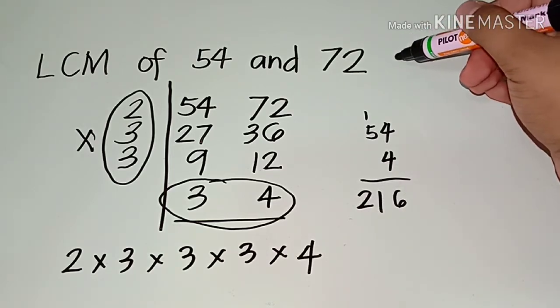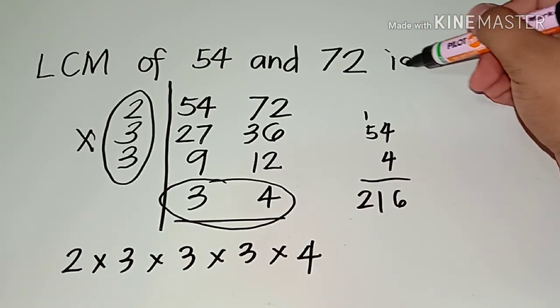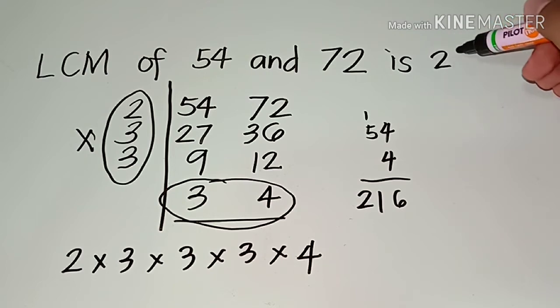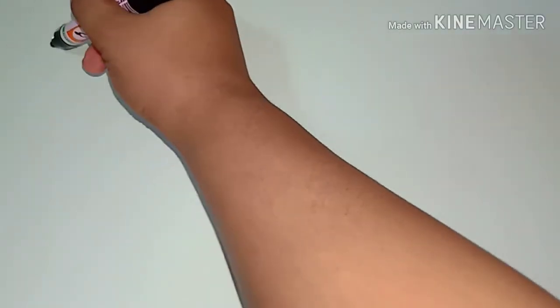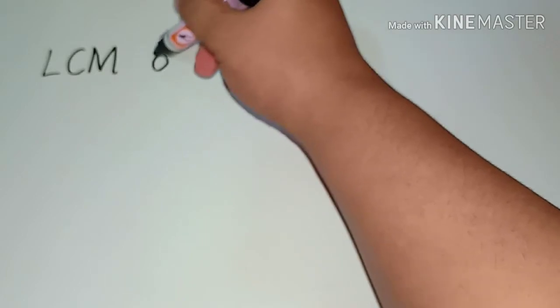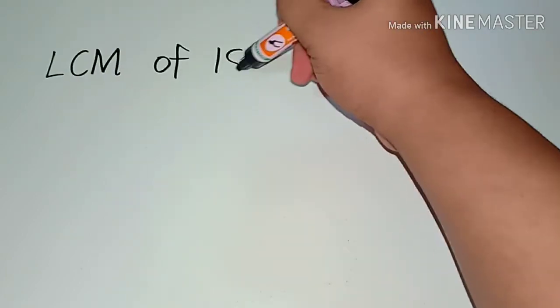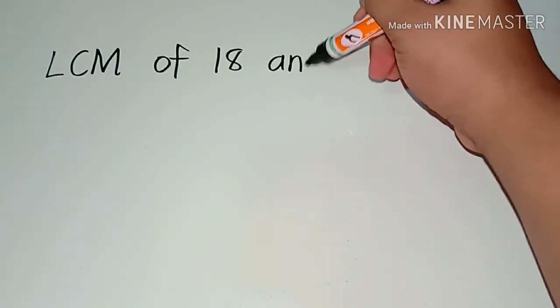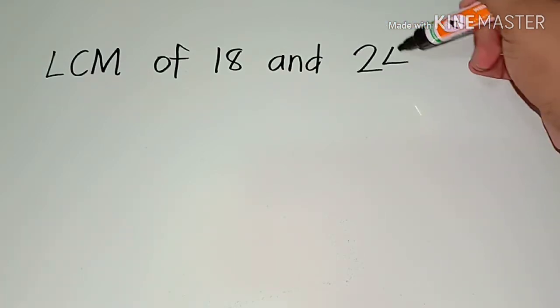So that means the LCM of 54 and 72 is 216.